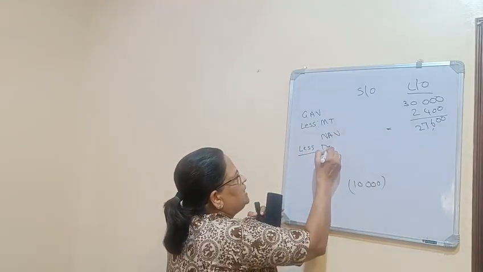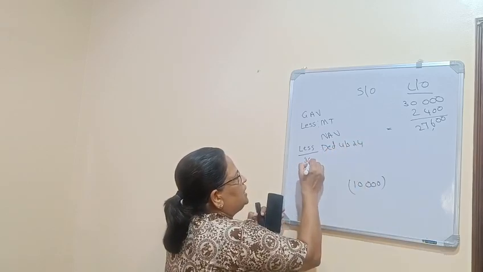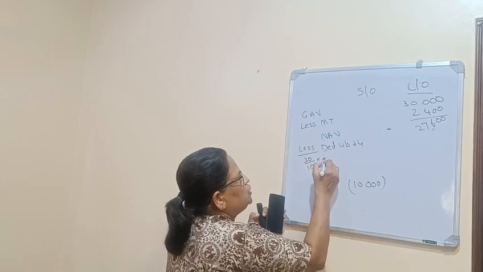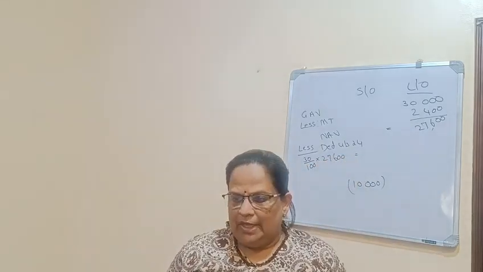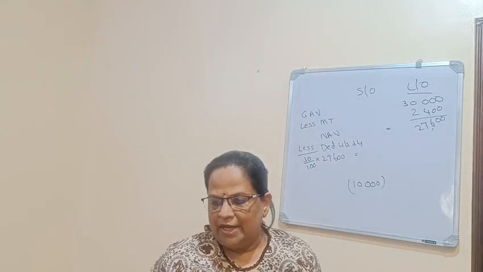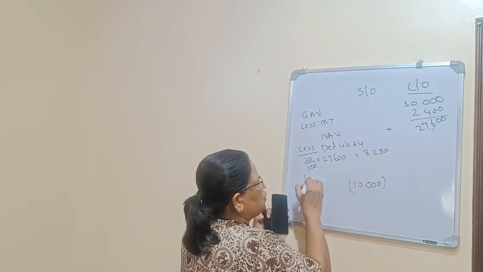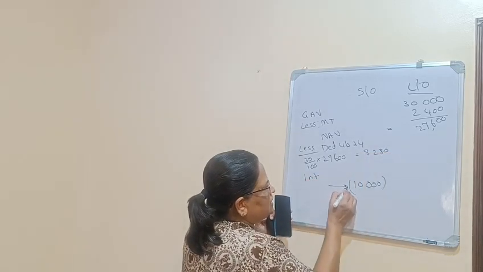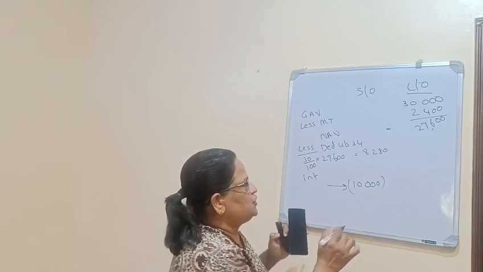Less deductions under section 24. Standard deduction 30%: 30 by 100 into 27,600, the value is 8,280. Interest on loan: this is the value we are adjusting as per the old scheme for the self-occupied house property; in the new scheme, it is not there.